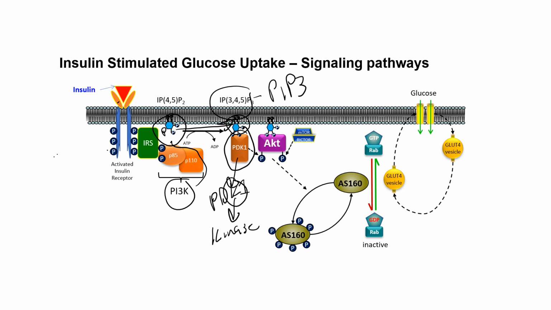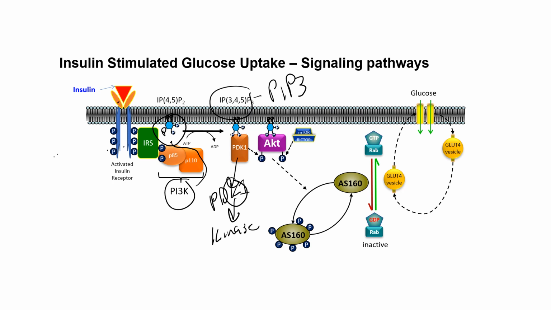When PDK1 is activated, it's a kinase, and it's going to phosphorylate one of the most important proteins in this entire pathway. Oftentimes you'll hear the insulin pathway referred to as the AKT pathway. And what PDK1 does is it phosphorylates AKT. You can see it actually right here. Let me erase this a little bit.